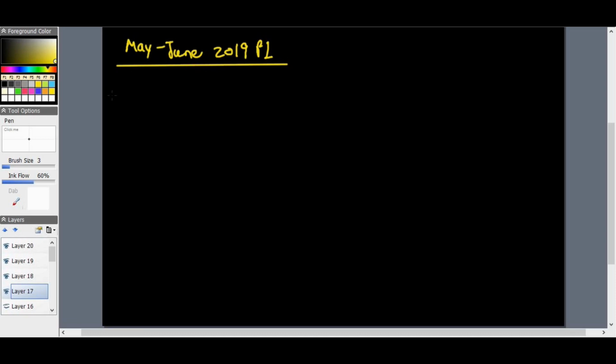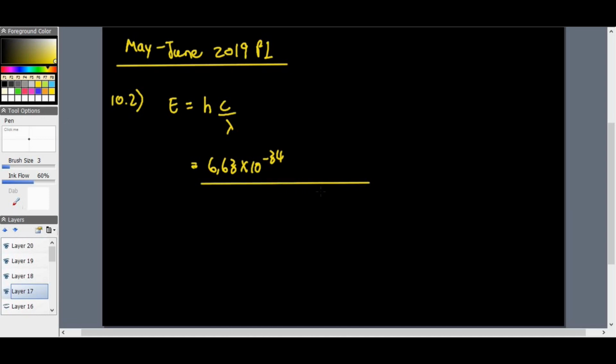With the formula for calculating the energy, E is equal to HF, or we can go straight to H times C divided by lambda. So we'll have Planck's constant, which is 6,63 times 10 to the negative 34, all over the lambda, which was 5 times 10 to the negative 7 meters.